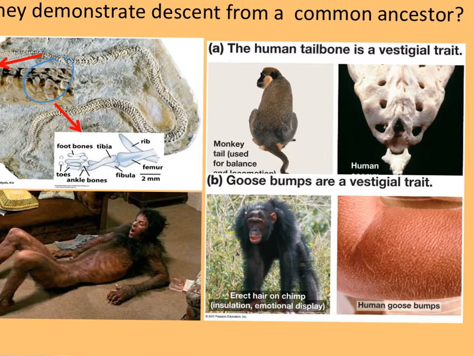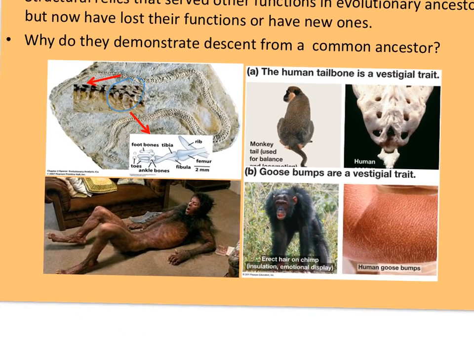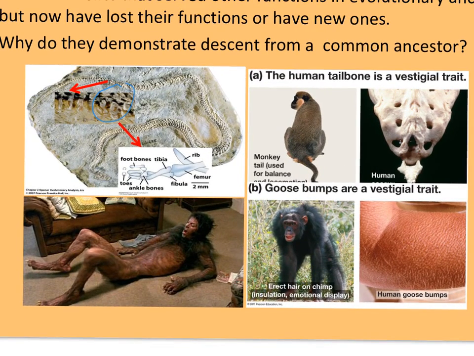Okay, also, humans are generally hairless, right? But, so we have goosebumps because our ancestors, chimpanzees, have hair, and they can use these structures to raise their hair to make themselves look bigger.